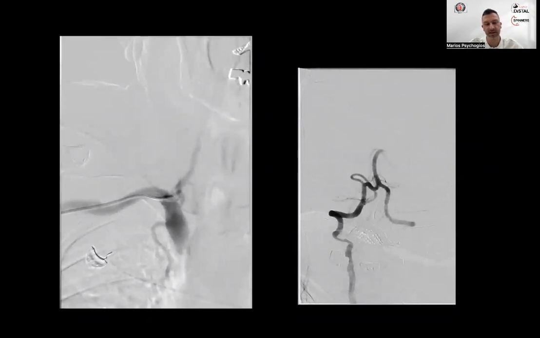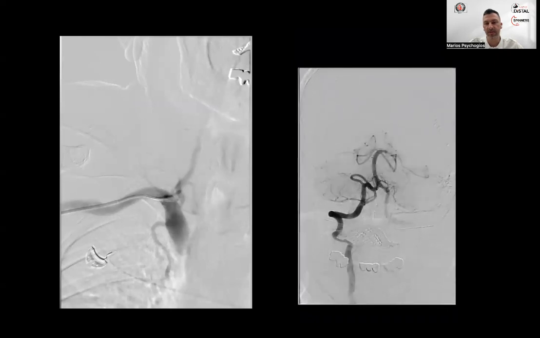And I think it's also a nice case because then you can see that we now have a lot of options. If we don't want to do this from the femoral side, we can go from radial and have the tools for this treatment. I was able to reach the vertebral here, and then you can see the occlusion on the DSA.